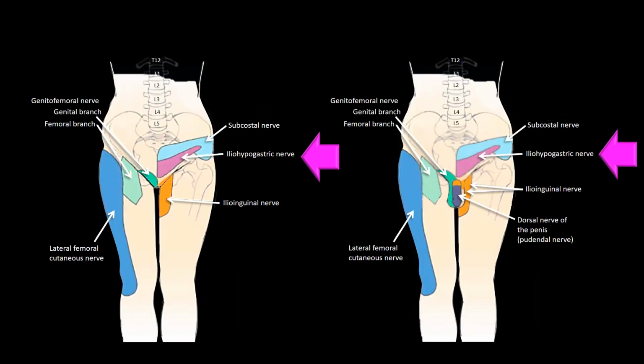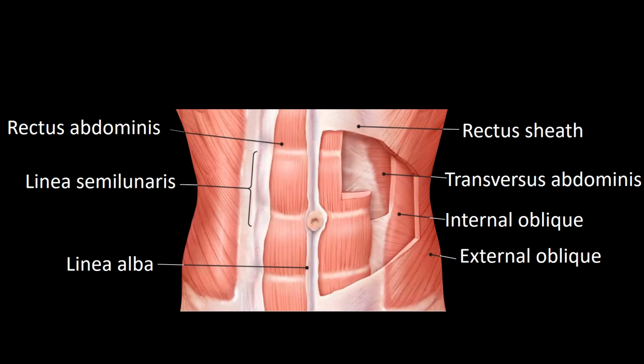The iliohypogastric nerve supplies cutaneous sensory fibers for the suprapubic region and sensory and motor fibers to two abdominal muscles, the transversus abdominis and the internal oblique muscles.